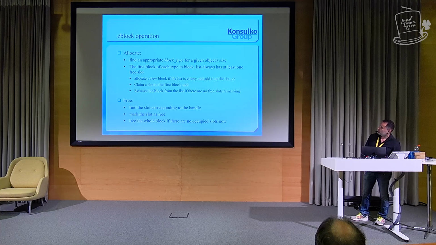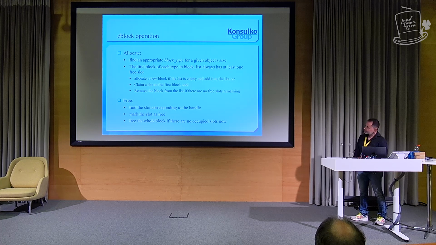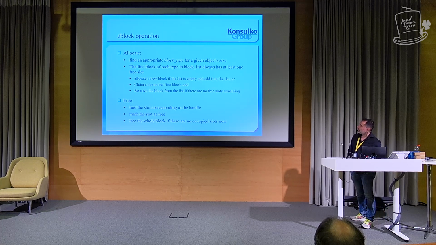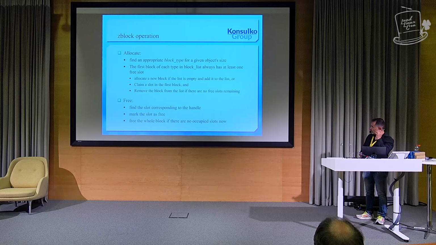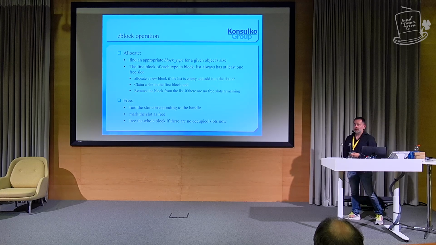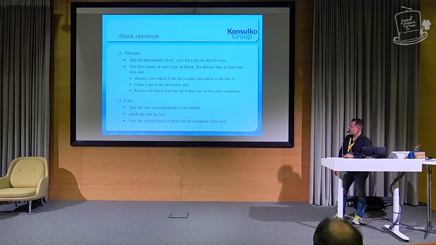On a high level, what does Zblock do? It finds an appropriate block type to fit the object of a certain size that we are about to store. And then we mostly work with the first block of each type, because by the implementation, by algorithm, we guarantee that the first block of each type, in the list of blocks, should have at least one free slot.